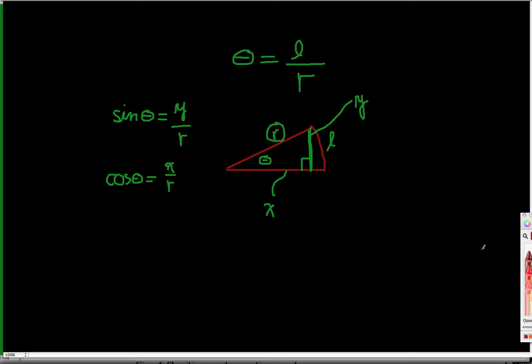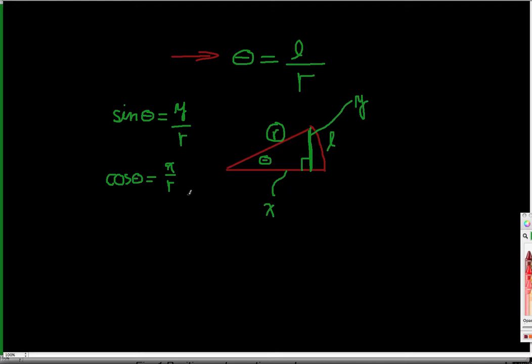Okay, now I have three expressions here. The first expression defines the angle in radians. Theta is equal to L divided by R. The sine of theta is equal to Y divided by R, the side opposite the angle divided by the hypotenuse of the right triangle.